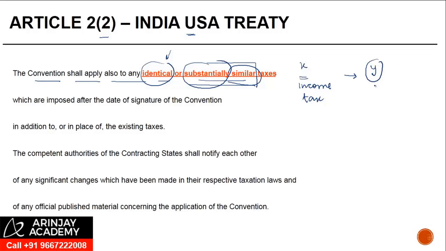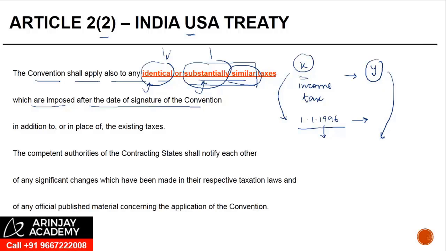computation, right? So the convention shall also apply to any identical or substantially similar taxes which are imposed after the date of signature of the convention. So normally the purpose of this is that if today, let's say on 1/1/1996, India enters into a particular treaty. After this date, if India imposes some other tax which is identical or substantially similar to the original tax. In our example, let's say if X were a tax which existed on 1/1/1996, and then Y was levied on, let's say, 31/3/97, right?